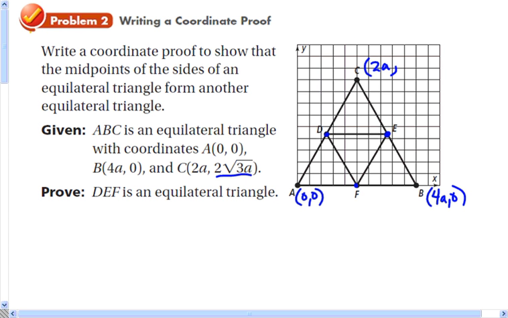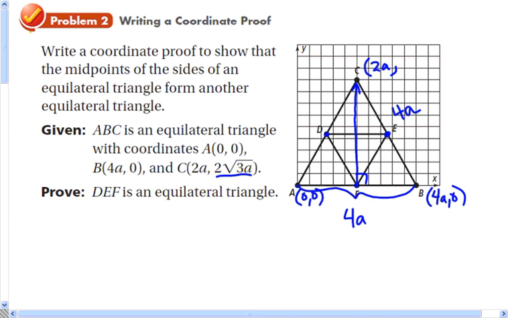And I don't think that's right, and I'll just show you why. So this distance from here to here is 4a, and it's an equilateral triangle, so this side is also 4a, and the other side is also 4a. Now, to find that distance up there, the altitude of that triangle, I'm going to use this right triangle.